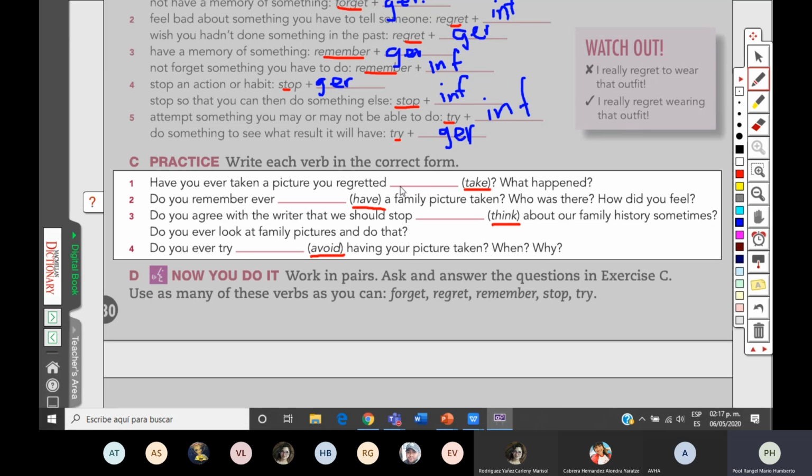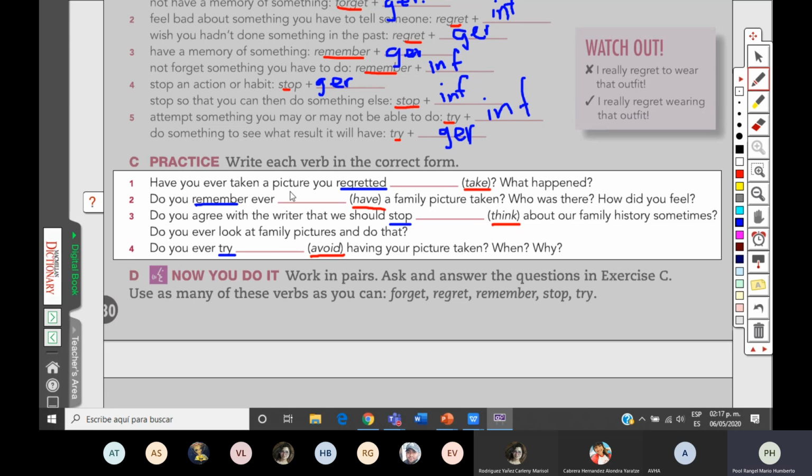And we already have the verb that is going to tell us if it's going to be ing or infinitive: regret, remember, stop, and try. What you have to do is decide if take, think, have, or avoid is going to be with infinitive or gerund. Let's do number one together.